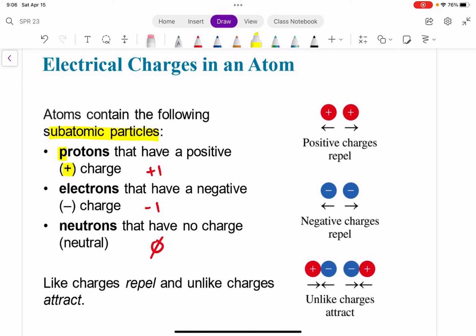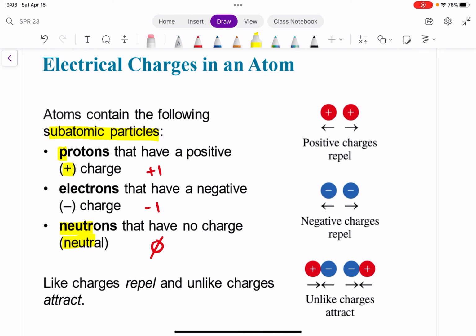Protons positive, right? And then there's electrons, which I don't have a fun way of remembering, sorry. And then there's neutrons, which I remember like neutrons, neutral, no charge. Okay, and you'll start to just remember these things.